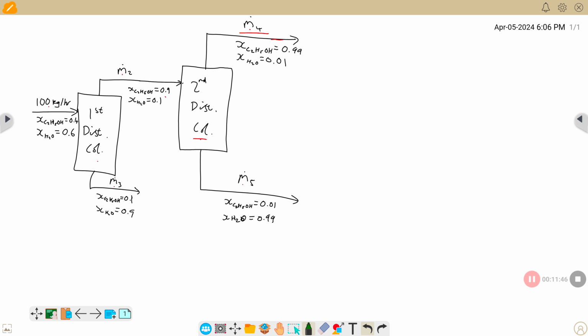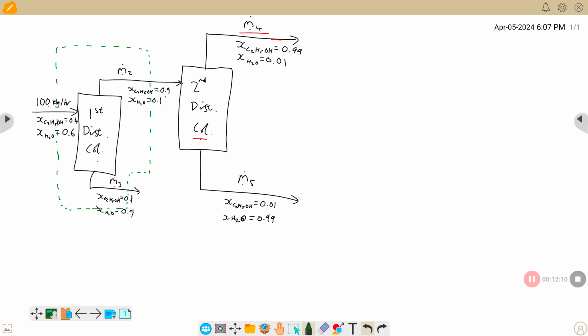We can imagine when we do this, we're drawing bounds around our first column. We're basically imagining only the things that are going in and out of our first column. So that means everything else is disregarded.